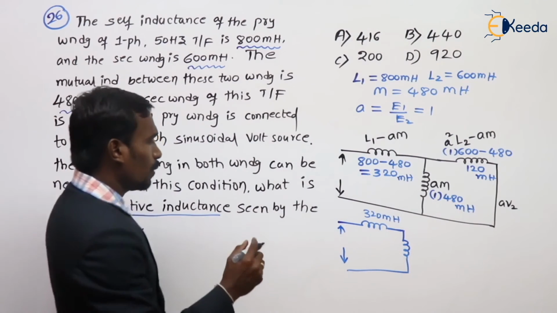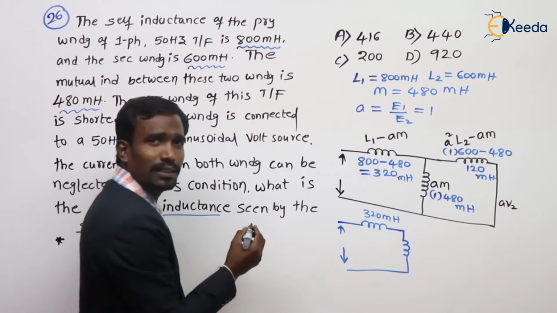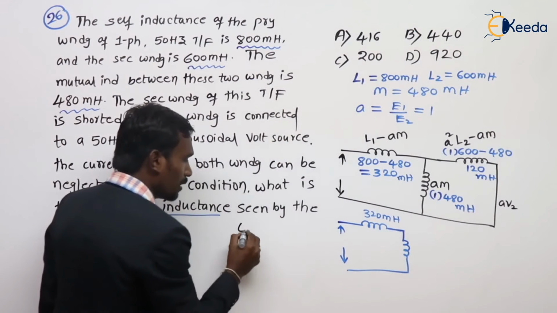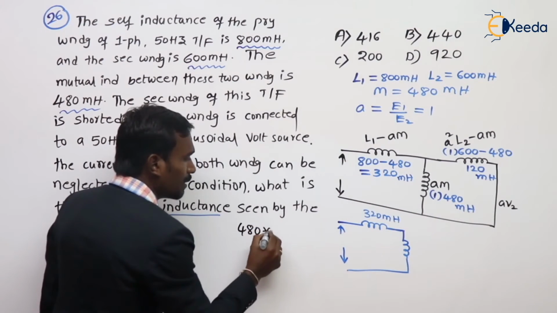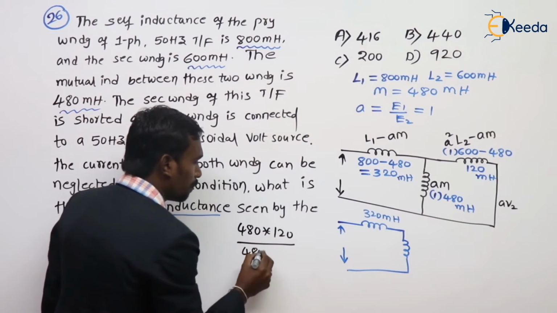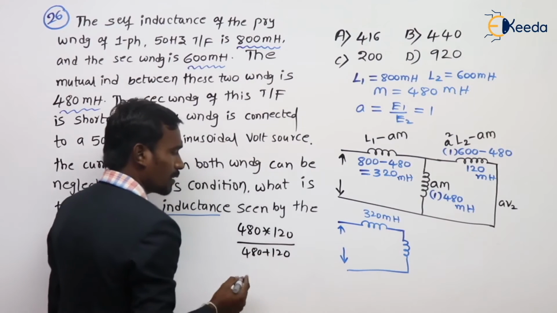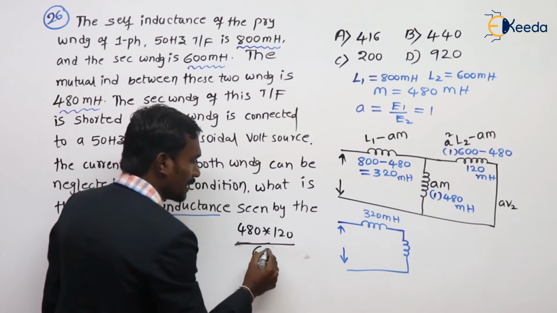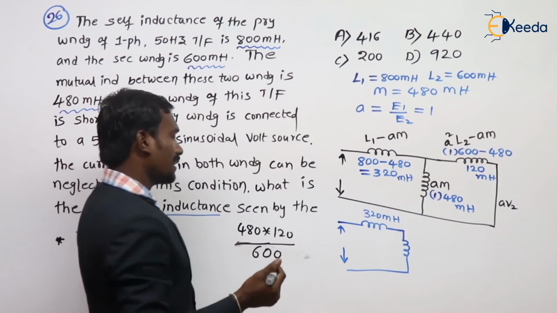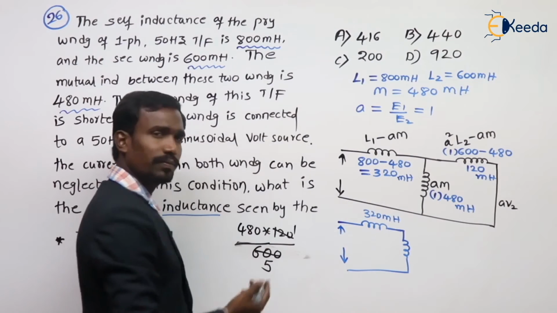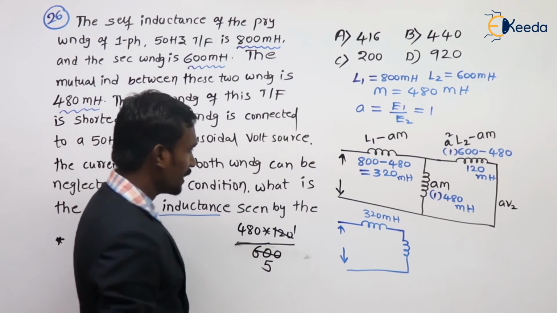So tell me, what is the value when these two are in parallel? 480 multiplied by 120 by 480 plus 120. 480 plus 120 is nothing but 600. 120 ones, 480 by 5.